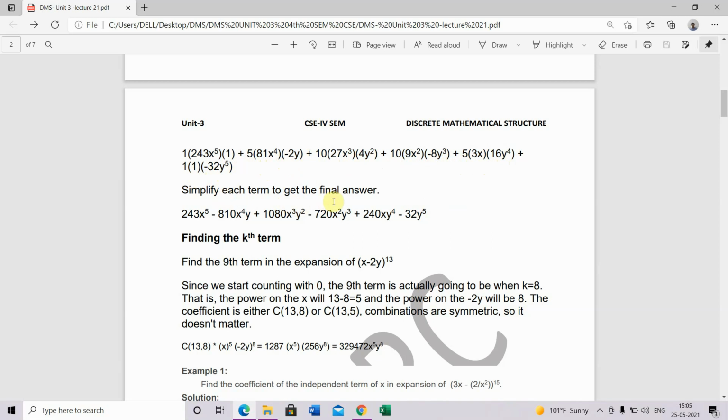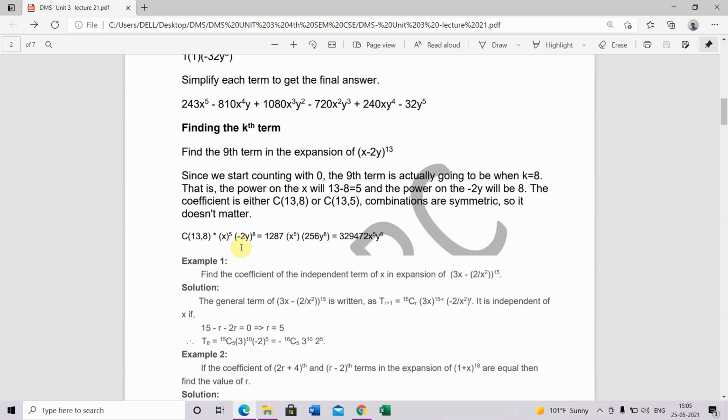Simplify each term to get the final answer. 243x power of 5 minus 810x power of 4 y plus 1080x cube y square minus 720x square y cube plus 240x y power of 4 minus 32y power of 5.